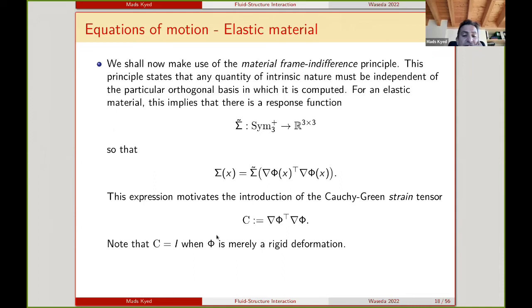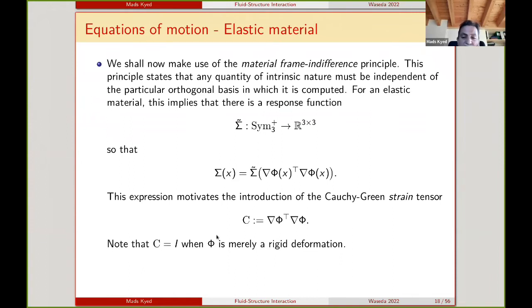One can derive, it's not that easy, but you can derive from this principle that the response function, or all response functions, only depend on gradient phi transpose times gradient phi, the so-called strain.